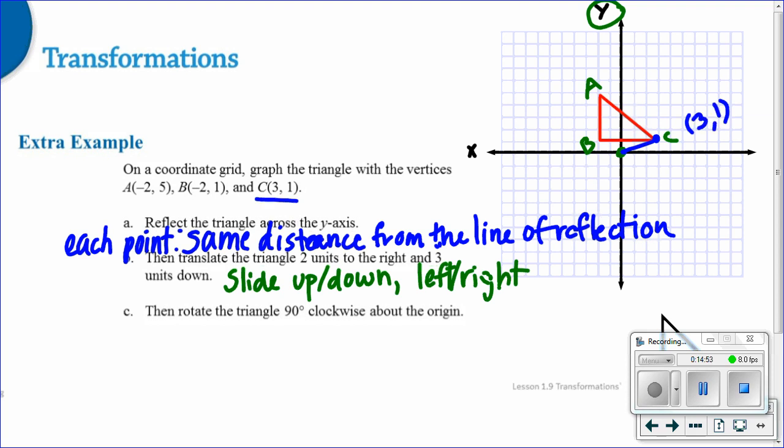So notice what happens when I rotate that. So there's C, 3 comma 1, and C prime ends up being negative 2, 1.